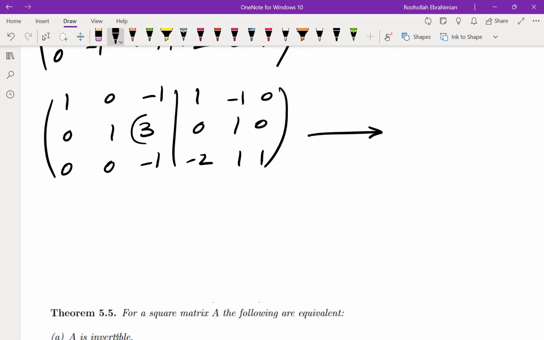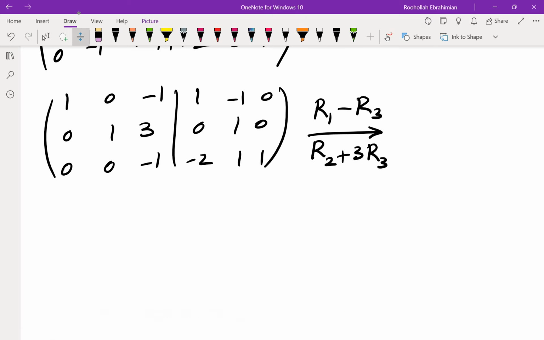Now let's make these two 0, so this would be row 1 minus row 3, and then row 2 plus 3 row 3. Okay, so if we do that, we're going to end up with 1 0 for the first row. We are doing row 1 minus row 3, so that would be 0. 1 minus minus 2, that's 3.